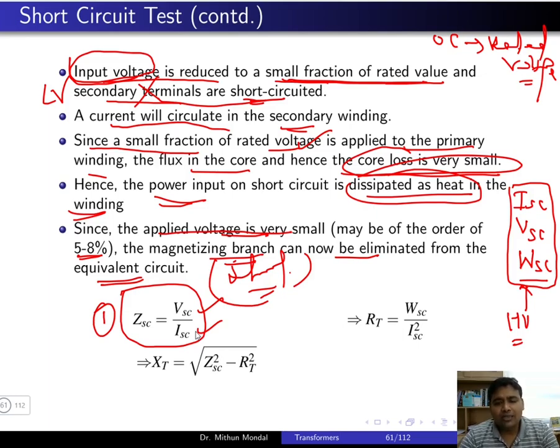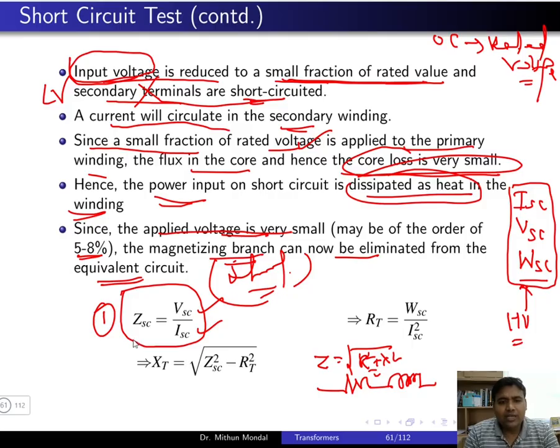You know from the concept that if you have a resistance and a reactance in the circuit, then Z is basically the square root of R squared plus X squared. We will use this concept to find the series parameters.